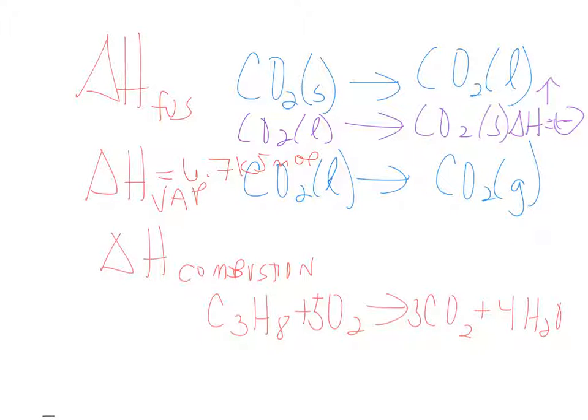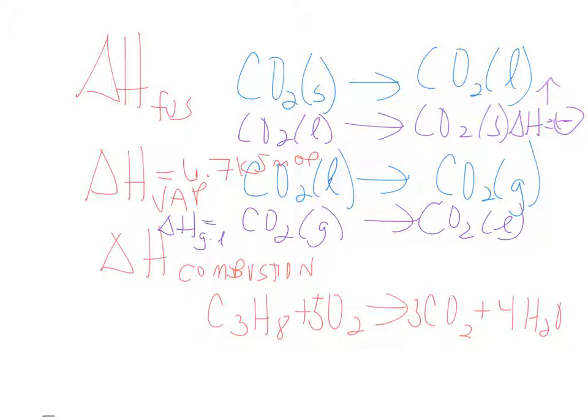If we wanted to find the enthalpy necessary to take this carbon dioxide and cool it off, condense it back down to a liquid, then it would be going from a gas to a liquid. And if it took this many joules to go from a liquid to a gas, the delta H for going from a gas to a liquid would be the opposite. It would be negative 6.7, because this reaction is just the reverse of this one.